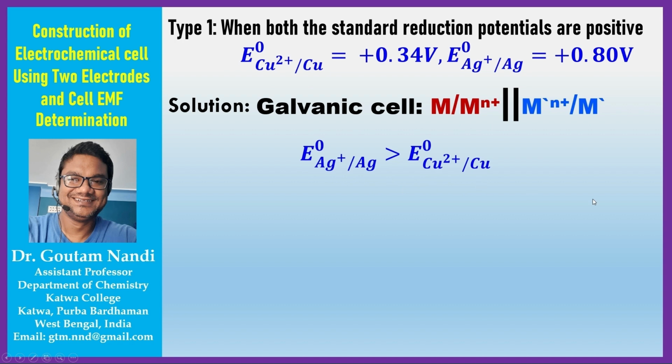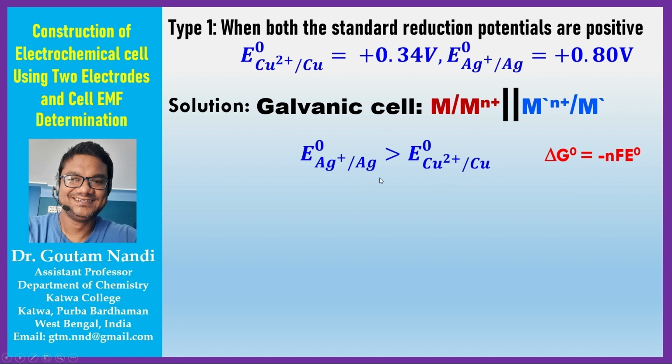So it is more positive, and we know that when the potential value is positive, then the process will be more favorable. Why? We know the relation delta G0 equals minus nFE0. If we put a more positive E0 value, then delta G0 will be more negative, and this will give a more spontaneous reaction. So we need to give preference to the reduction reaction of Ag plus to Ag.